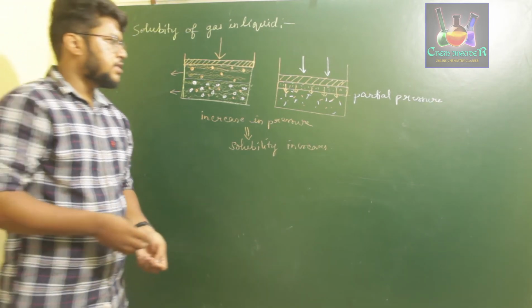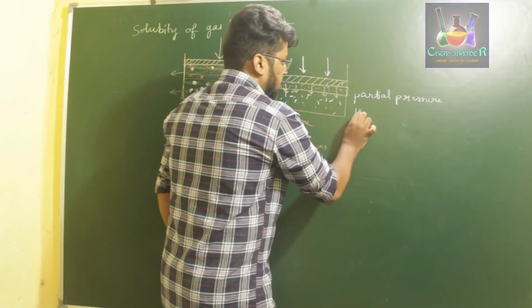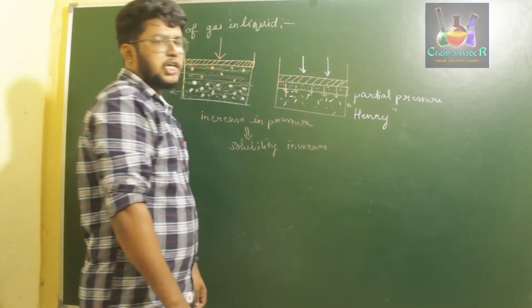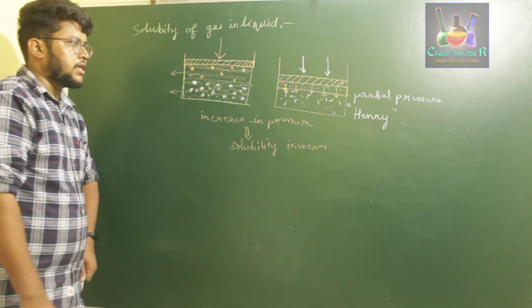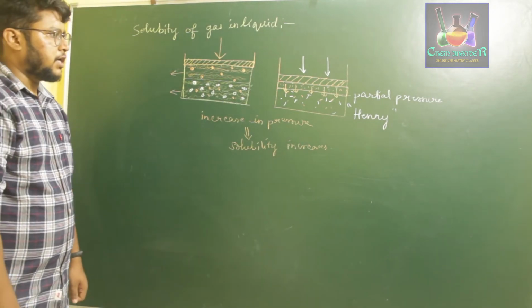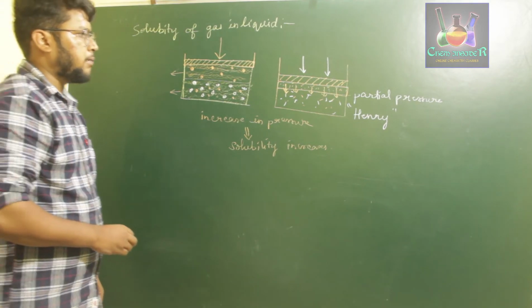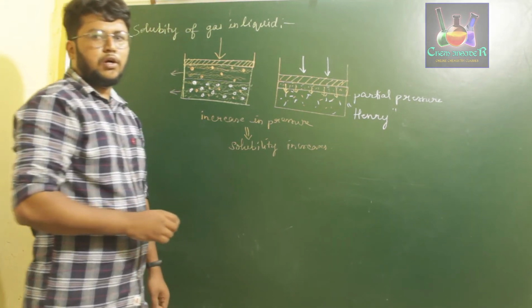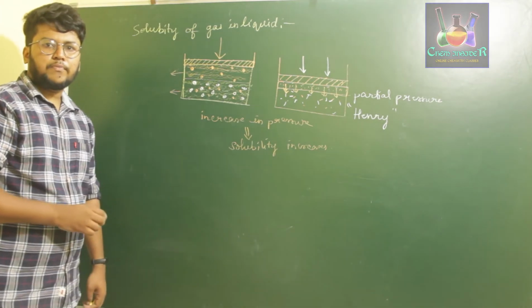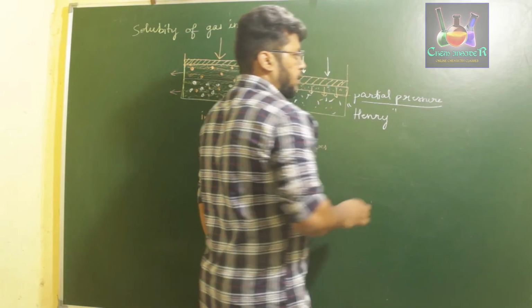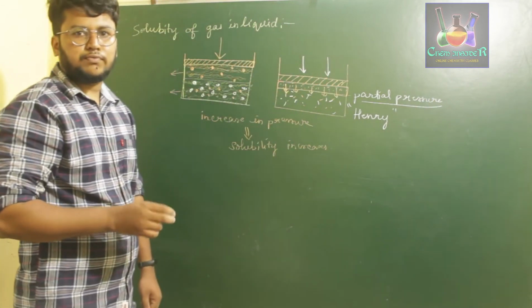So a scientist named Henry proposed a law using this partial pressure and solubility of gas in liquid. He stated that the solubility of a gas in liquid is directly proportional to the partial pressure exerted by the gas particles on the surface of the liquid.